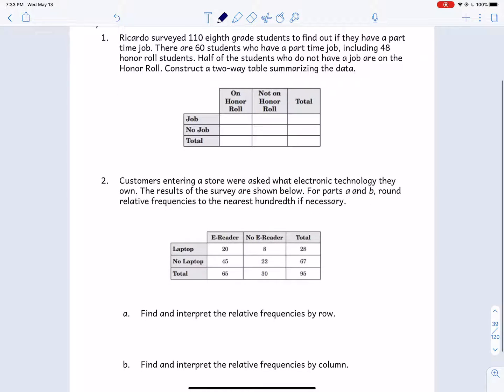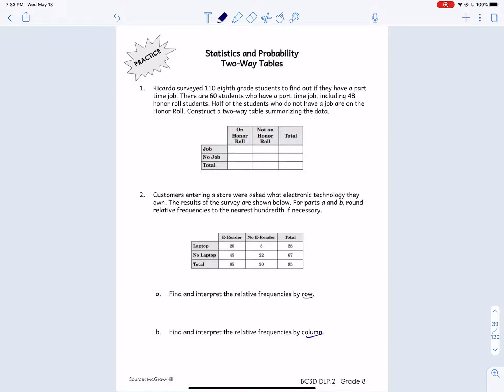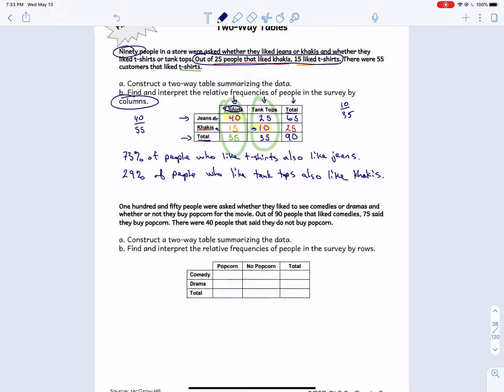So all you have to do is get the numbers in the correct box. And then for the second one, the table is done, and all you have to do is write a couple of statements based off of the rows or based off of the columns. So it's a little bit easier than the practice.